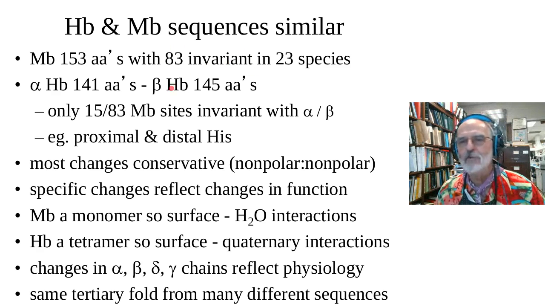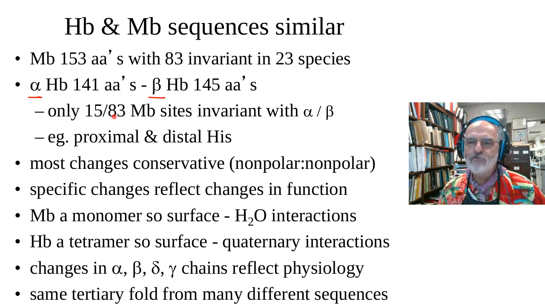Hydrophobic. Hemoglobin is comprised of an alpha chain and a beta chain. They have 141 and 145 amino acids approximately, depending on the gene product. Only 15 of the 83 myoglobin sites are identical. So I'm questioning my use here of invariant.